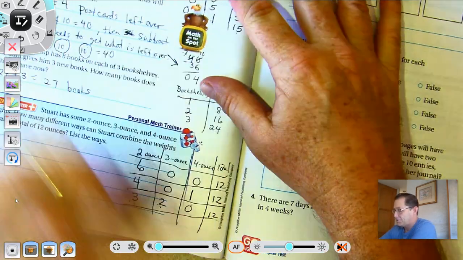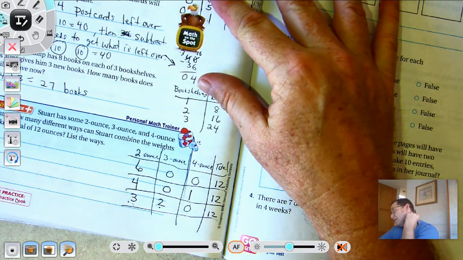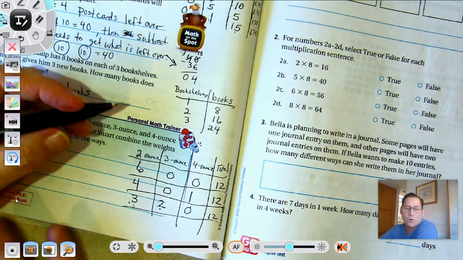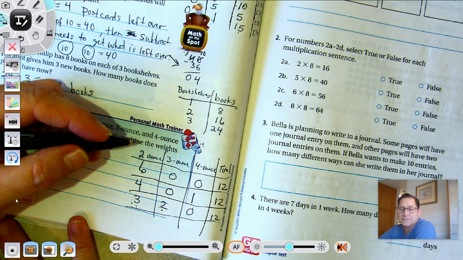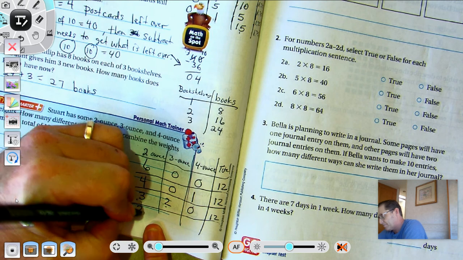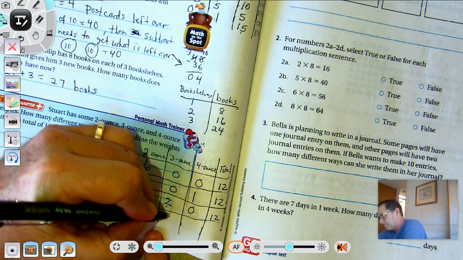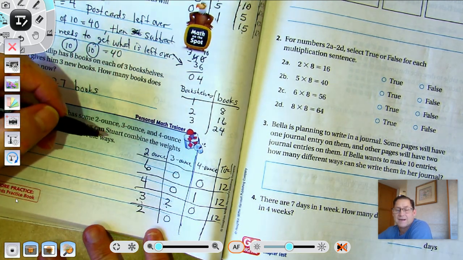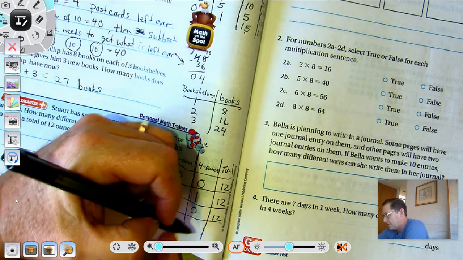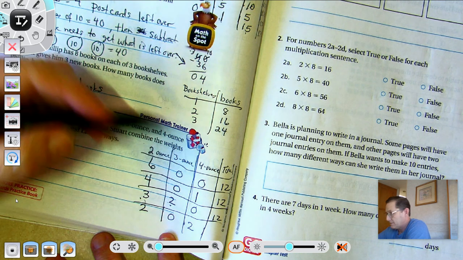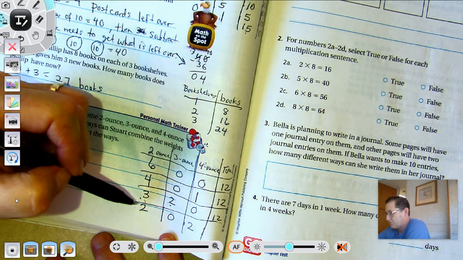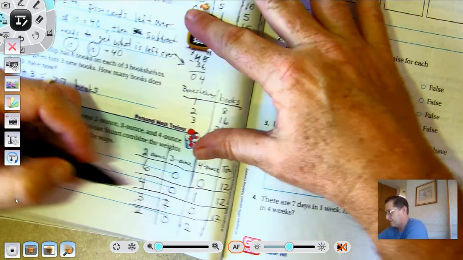Can I have 2 2-ounce weights? 2 2-ounce weights would be 4 ounces, and I would need 8 more ounces. I can do that. Well, 2 sets of 4 ounces is 8. So 2 4s is 8, 2 2s is 4. 8 and 4 is 12.